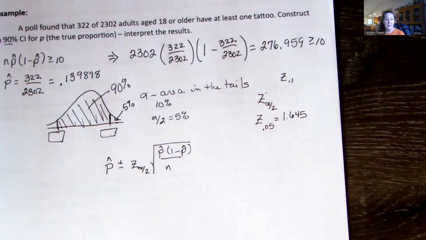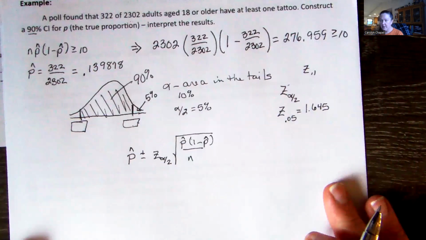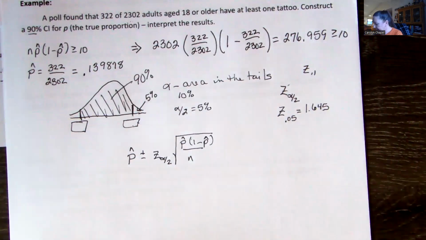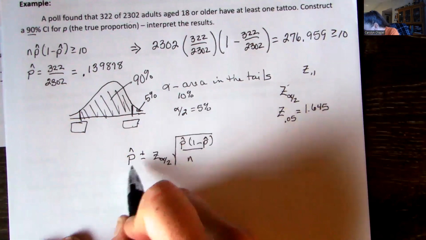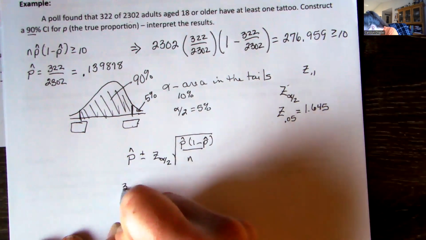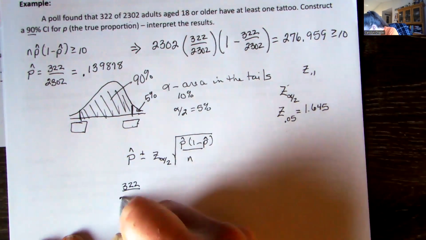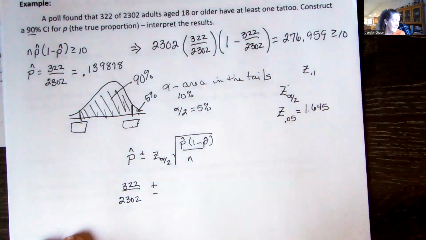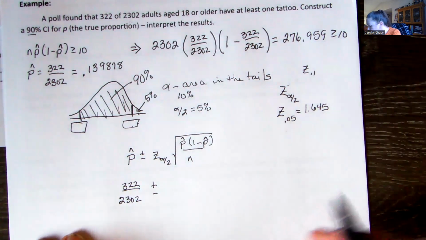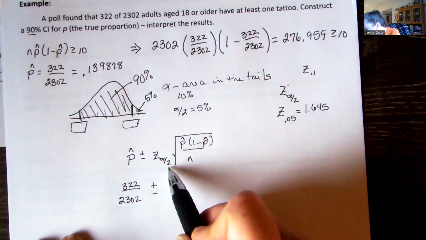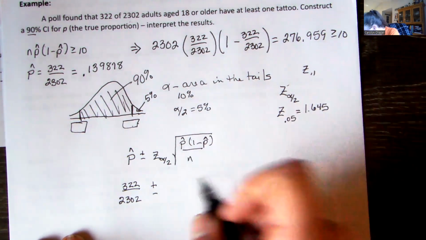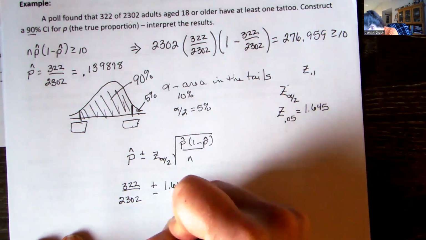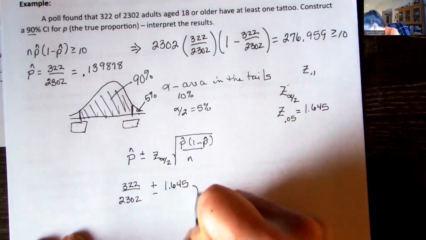And in a minute, we'll be using StatCrunch, which will do it in a matter of seconds. Our p hat is 322 over the 2302. And we'll be adding or subtracting. And again, feel free to use decimals. My z alpha over 2 is z.05 that we found by using the table.